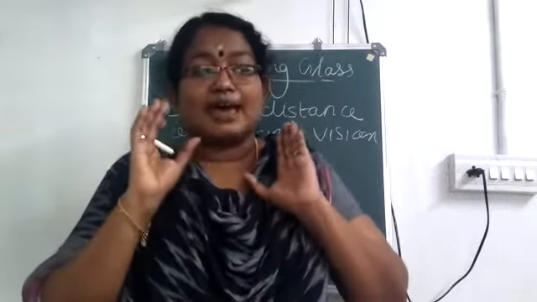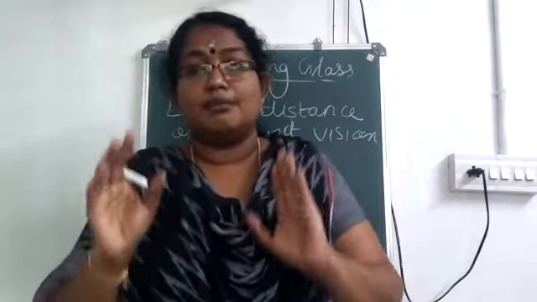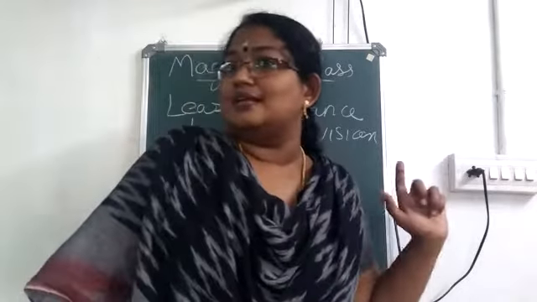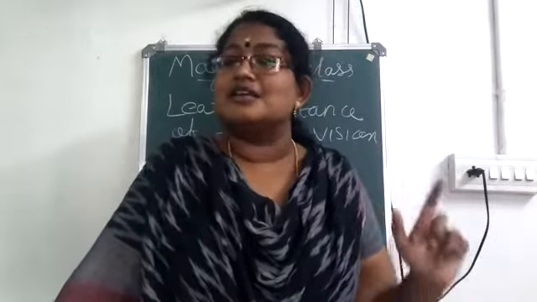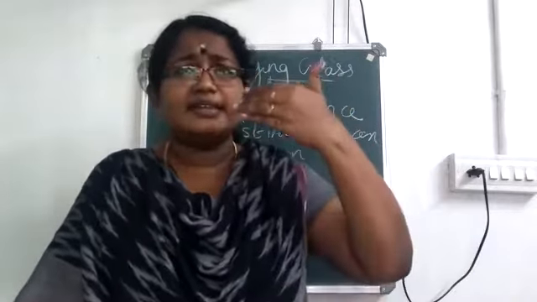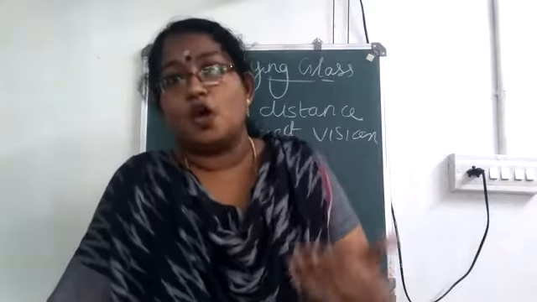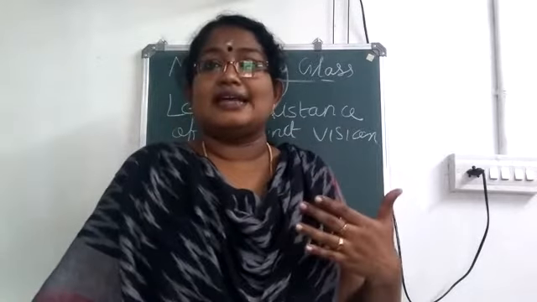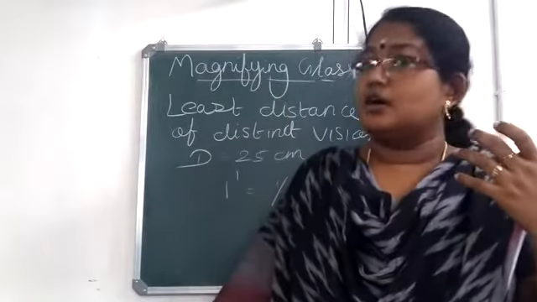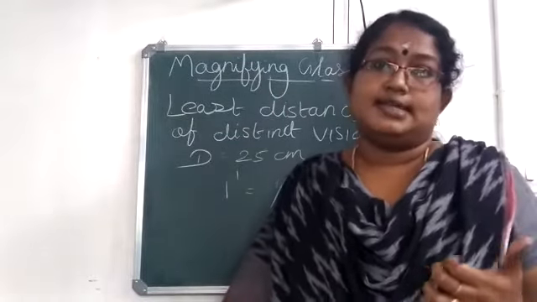So this virtual, erect and magnified image will be formed at a distance of capital D, that is least distance of distinct vision from the lens. And this image of the object subtends an angle which is enough in order to make an image on the retina.